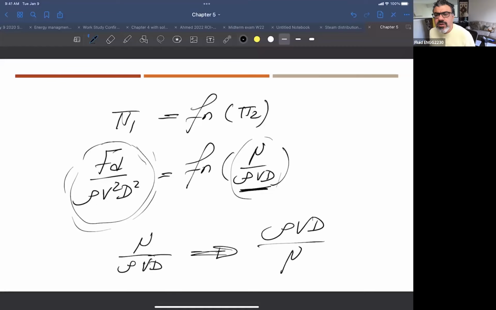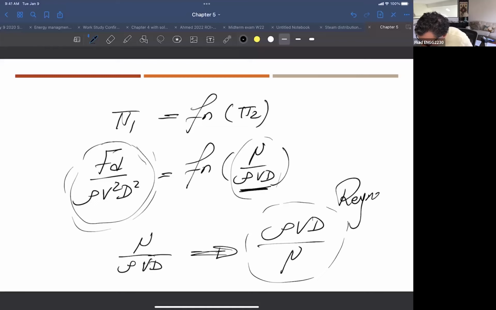Is it still dimensionless or not? Yes, so I can change the way it looks, right? Because I know that this is something called the Reynolds number. And the Reynolds number is a very famous number.